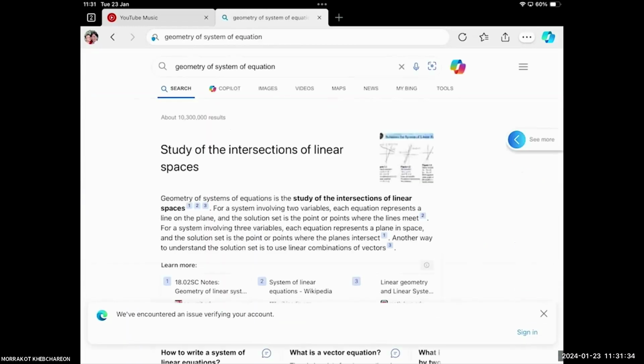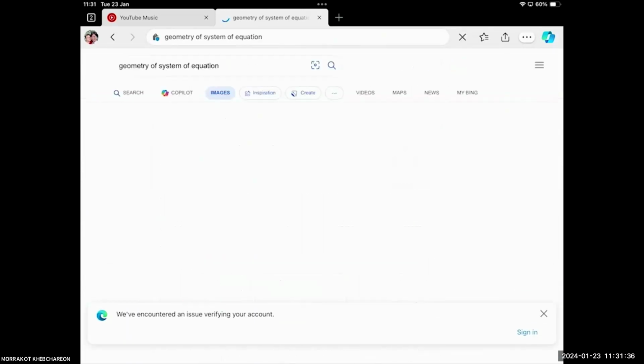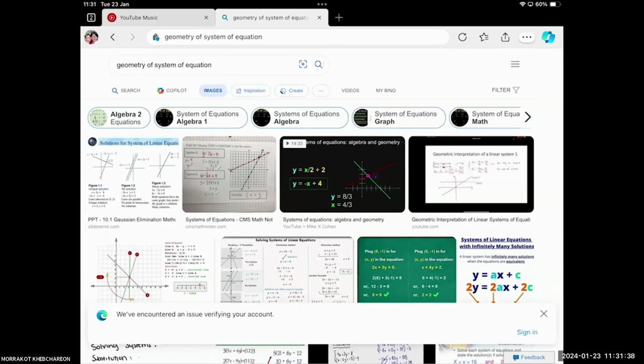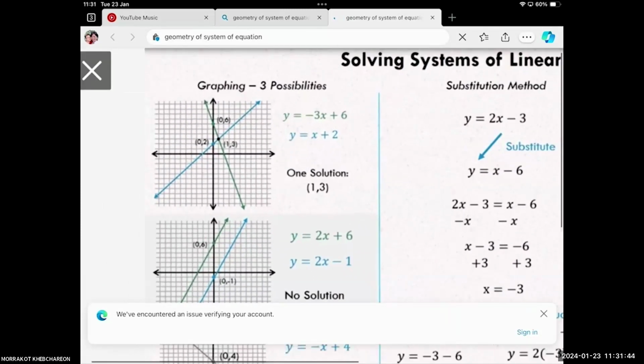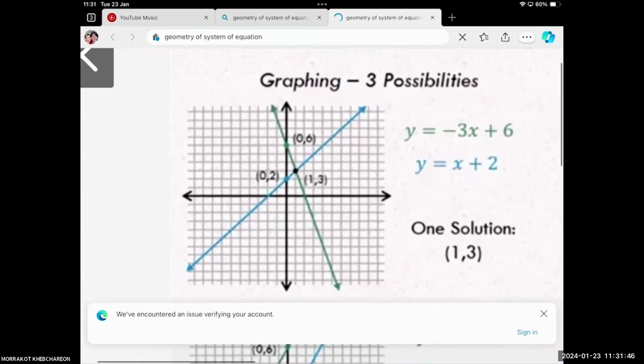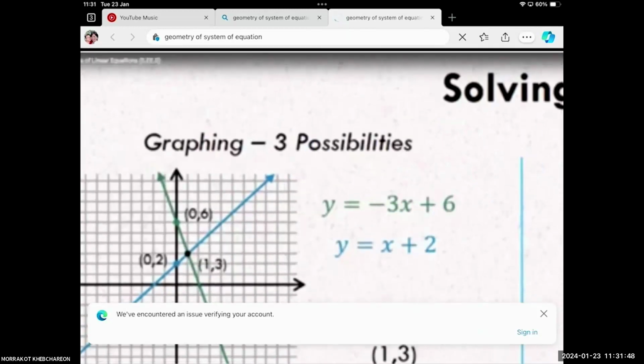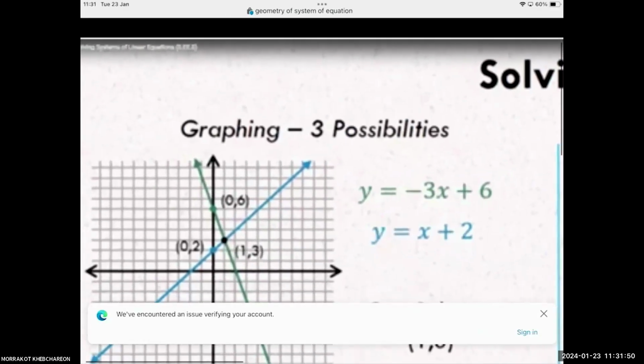If you have 2 lines, okay, it means you will see the intersection of the point. Suppose you have these 2 equations and 2 unknowns.